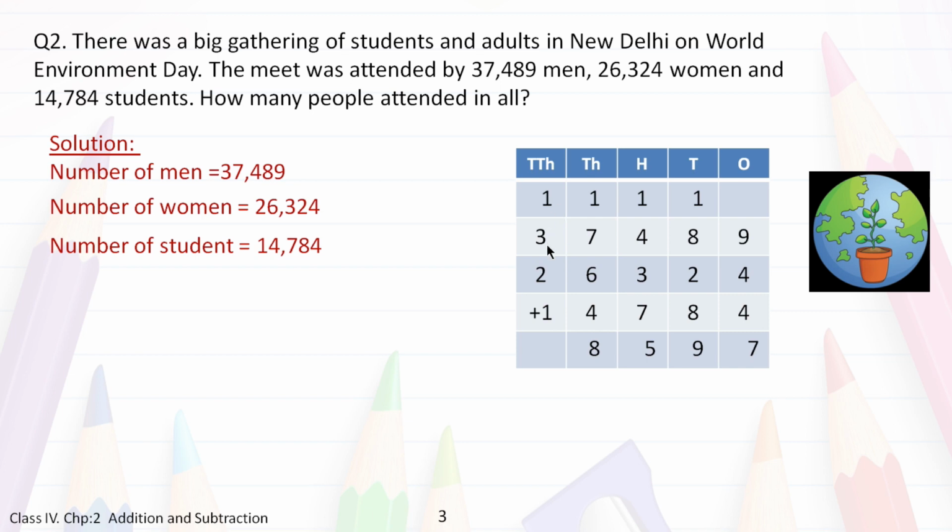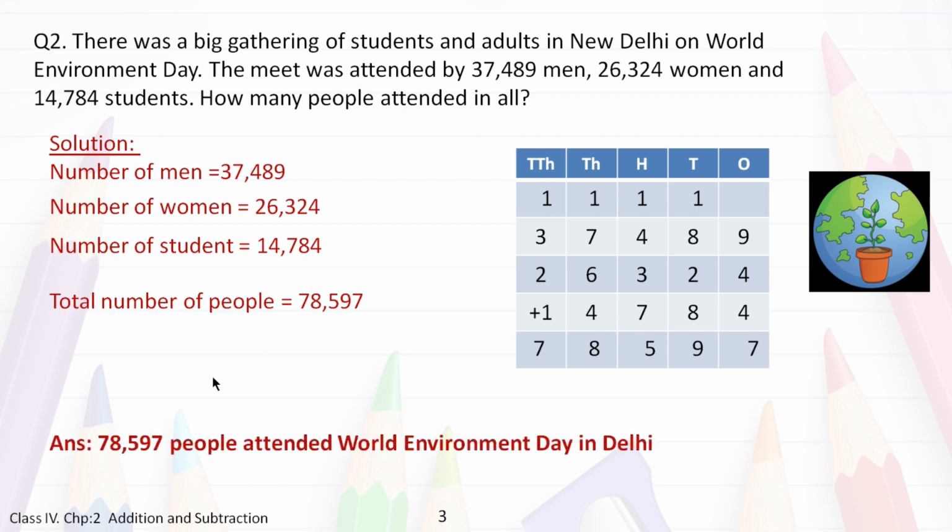Now what I'll do is 3 plus 3 is 6. I know 3 plus 3 is 6. So 6 and 1 will give me 7. Clear? The total number of people were 78,597. And my conclusion statement will have what it is asked, how many people attended in all. So in place of how many, you have to write the number.